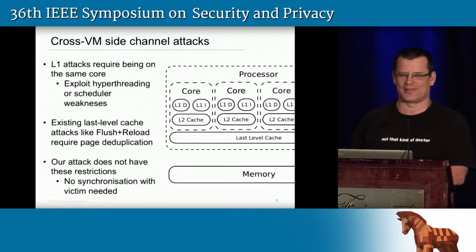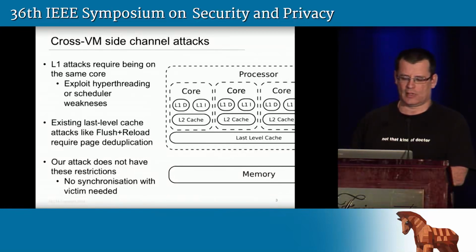Now, we are interested in last level cache side channel attacks, and the reason is, as Gorka said, the last level cache is shared. Most side channel attacks applied against the cache in the past were on L1, and then we need either hyperthreading in the core or to exploit scheduler weaknesses.